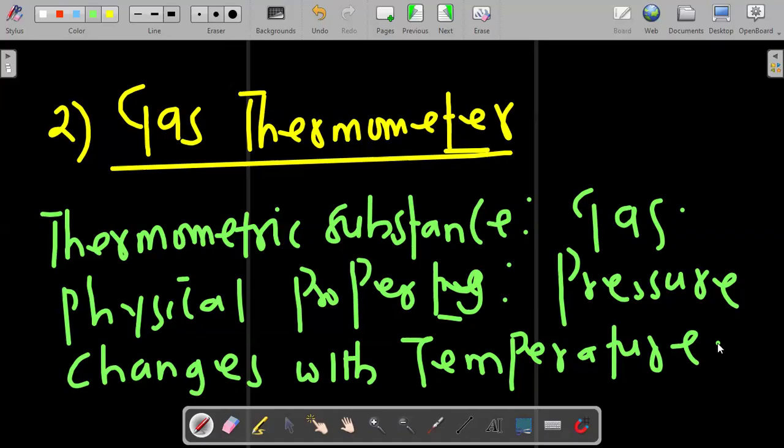As temperature increases, the pressure also increases. And that's the gas thermometer now. It is used to measure gas temperature. Is it understood? Yes. Okay.